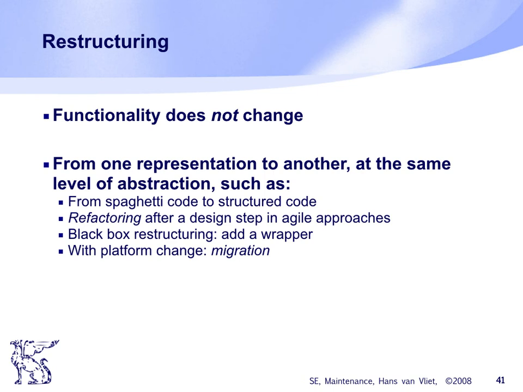So instead of a text-based interface, we will use a graphical user interface, and it will also increase the usability of the system. But we will not change anything in the code. We will simply redirect input and output to the wrapper. So this is called black box restructuring.